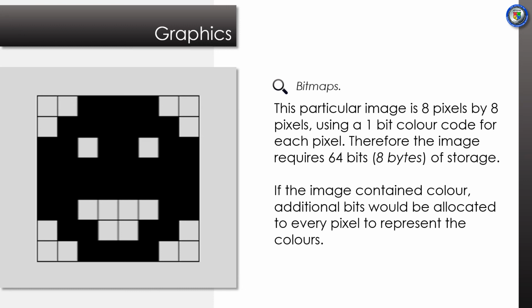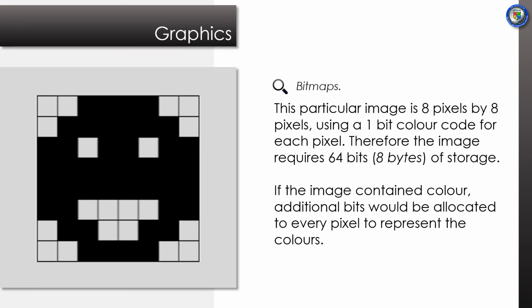If we remember back to our units of storage, a pixel or a bit in this case, a 0 or a 1, is the smallest unit of storage. There are 8 bits within a byte of storage. So in this case, we have 8 bytes.